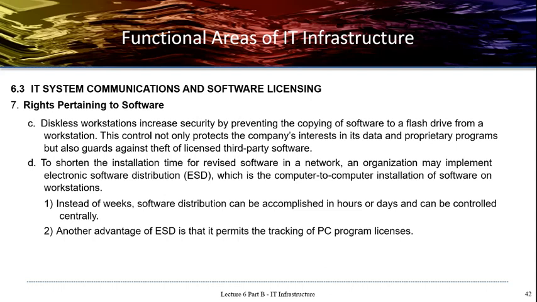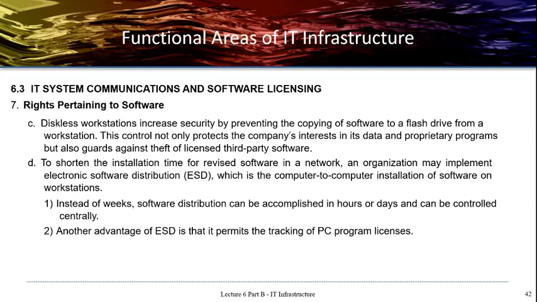To shorten the installation time for revised software in a network, an organization may implement electronic software distribution (ESD), which is a computer-to-computer installation of software on a workstation. So instead of weeks, software distribution can be accomplished in hours or days and can be controlled centrally.